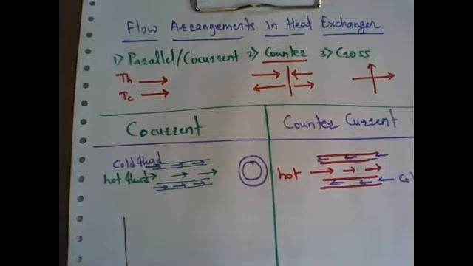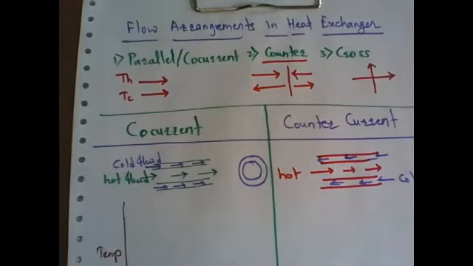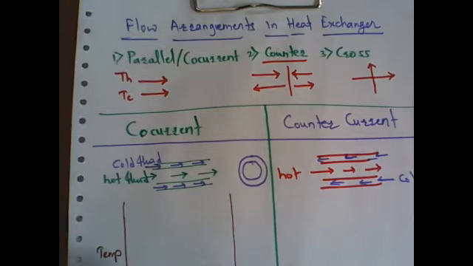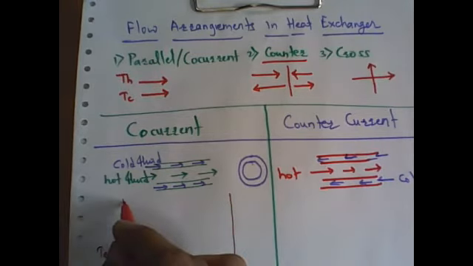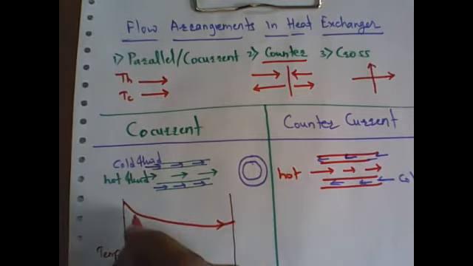We have to consider the y-axis and x-axis. On the x-axis, the length of the heat exchanger, and on the y-axis, temperature. Now in the co-current case, if you consider the inlet of hot fluid, then you can observe the flow of the hot fluid in the diagram like this.